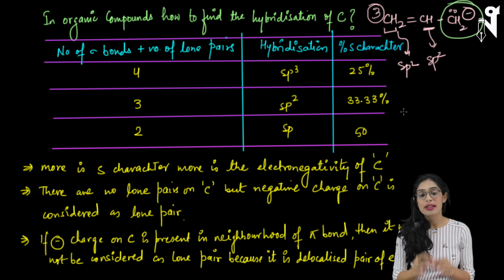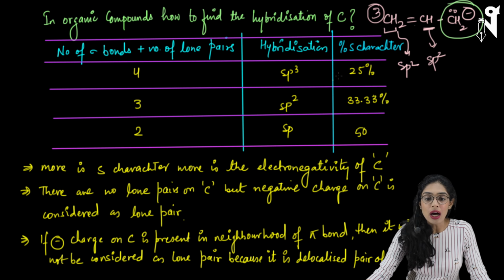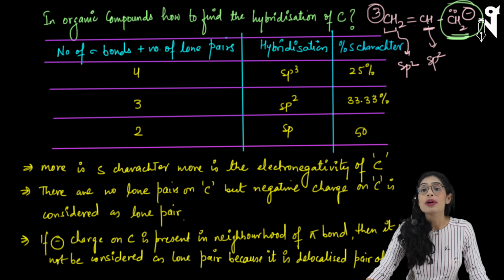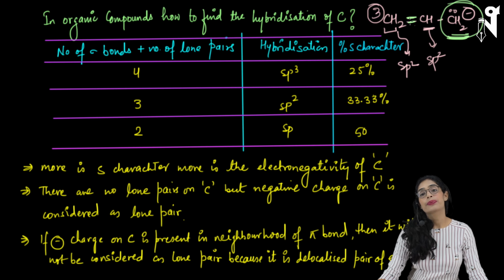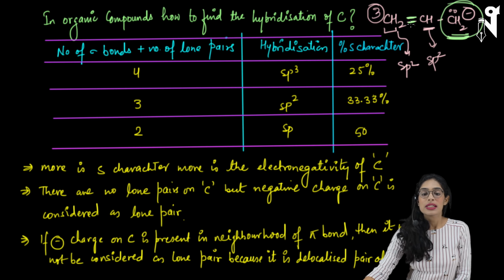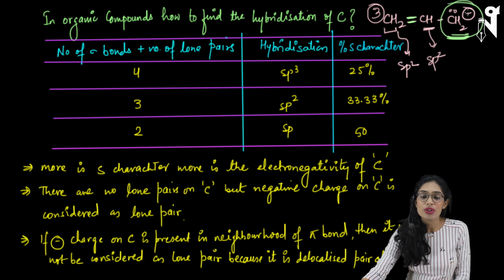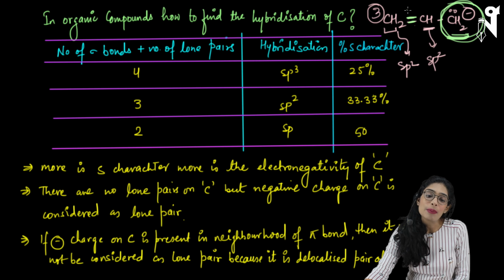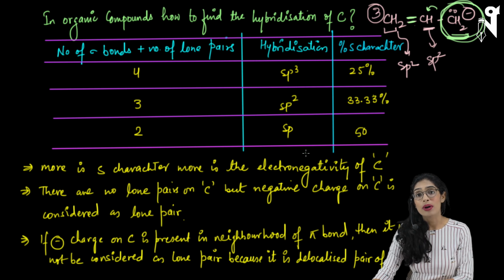In cases like this, where the carbon carrying the negative charge is a neighbor of the carbon having a pi bond or double bond. See, this is the carbon to which we are referring, and this is the neighbor of the carbon carrying the pi bond.